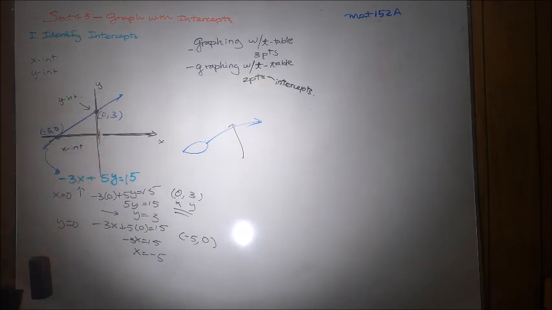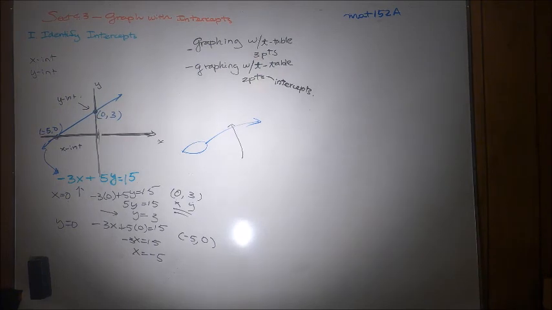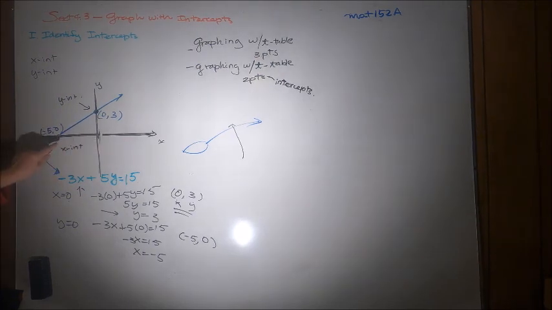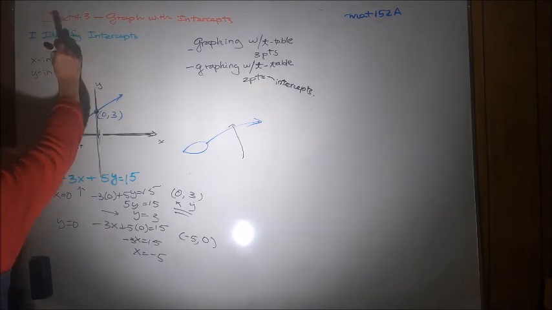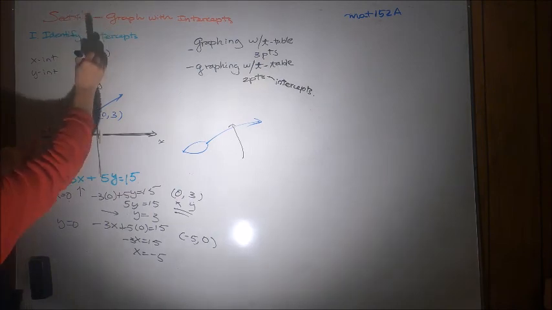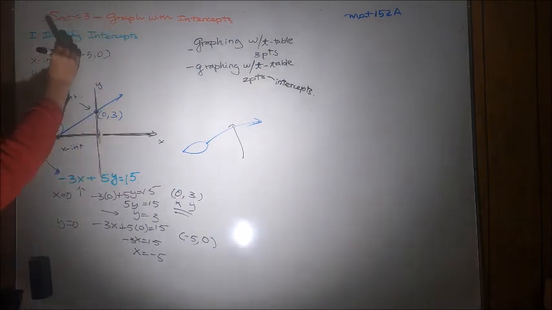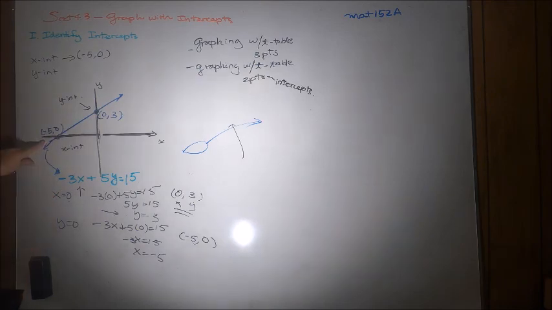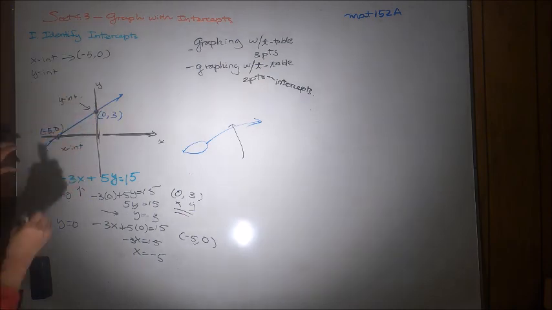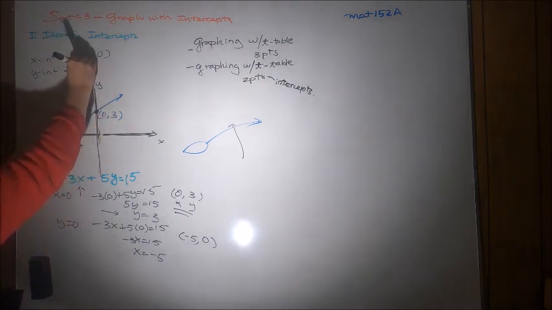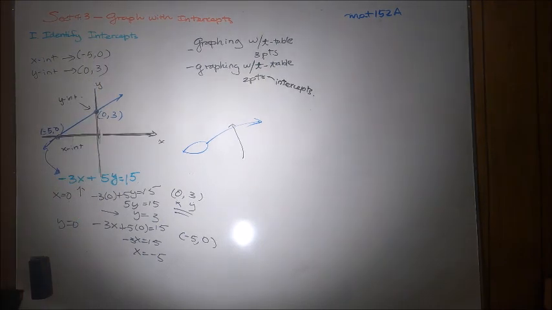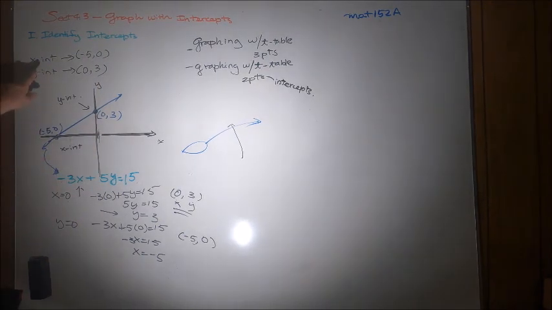So for this graph, which one is the x-intercept? The point intercepted by the x-axis. That would be negative 5, 0. Is that right? Then what is your y-intercept? The point where the line is intercepted by the y-axis. So it's here, that will be 0, 3. So for this equation, we have an x-intercept and a y-intercept.